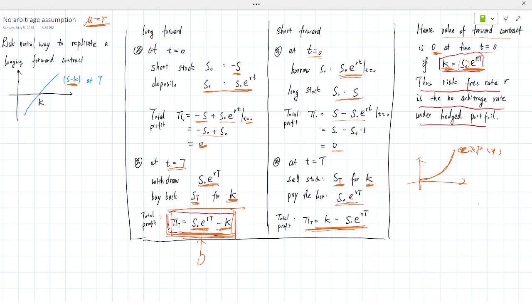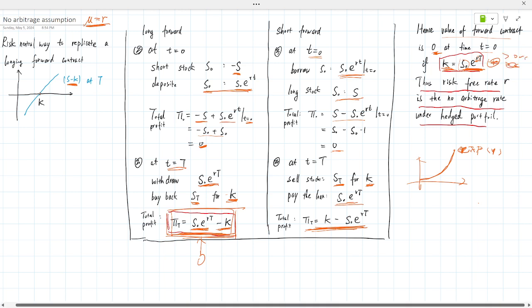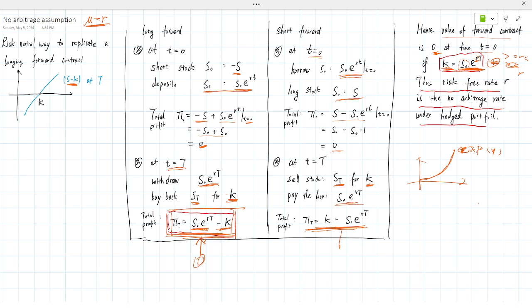Otherwise, there may be a potential arbitrage opportunity. For instance, if K is anything greater or less than this price, then you can essentially either buy or sell this and cover it later with the other one.